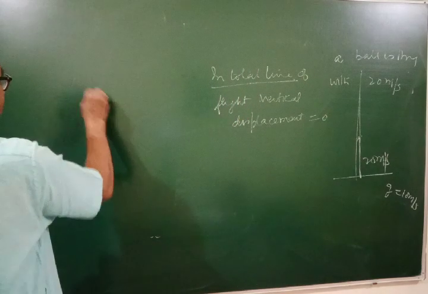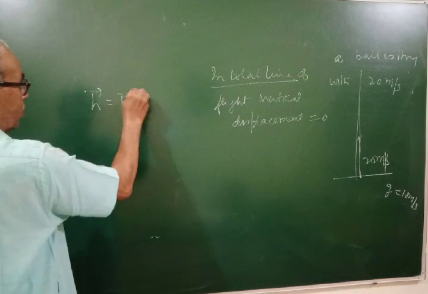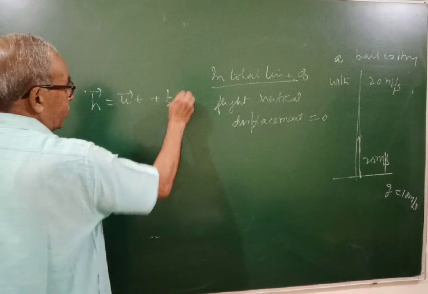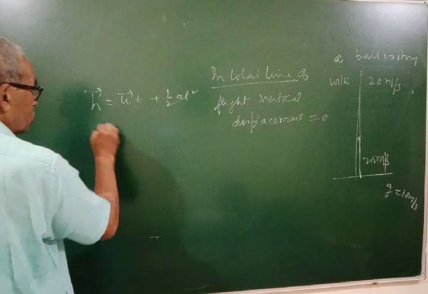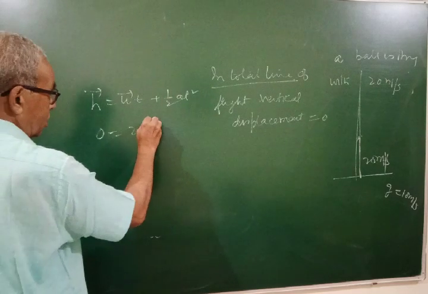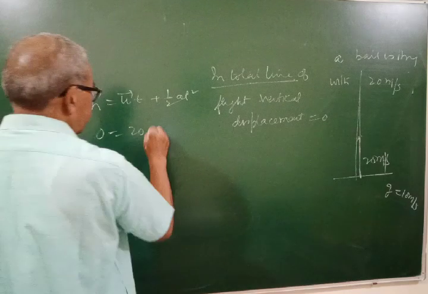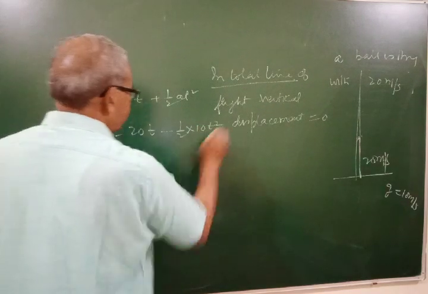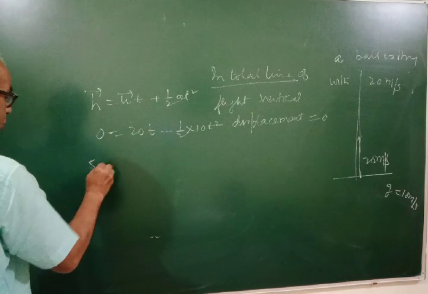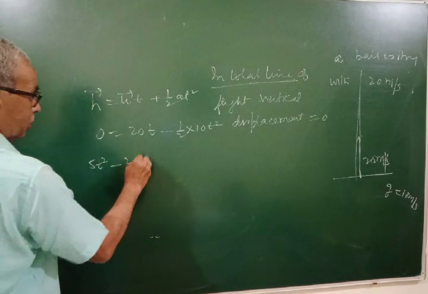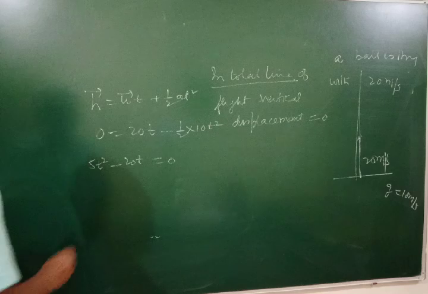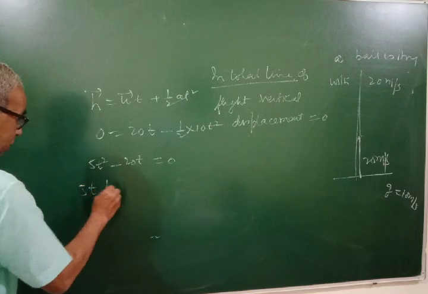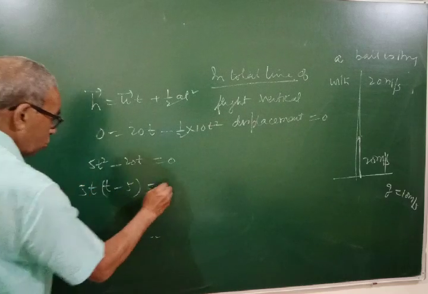Using the same equation, s equal to ut plus half at square, 0 is equal to 20t minus half 10 t square. So 5t square minus 20t equal to 0. 5t common, t minus 4 equal to 0.